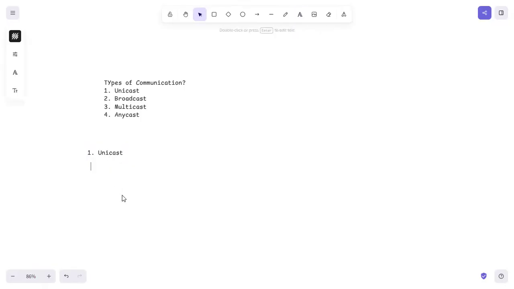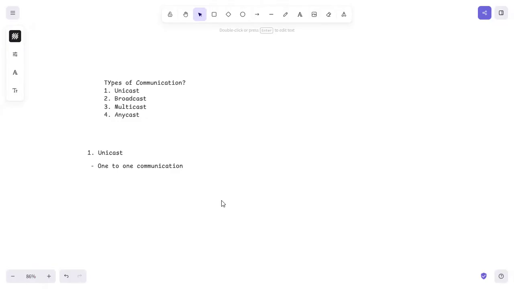Unicast is one-to-one communication. One-to-one means you and your friend are communicating. You send a text message to your friend, only a single friend, so one-to-one communication is happening, correct? Or you directly call your friend on their number.